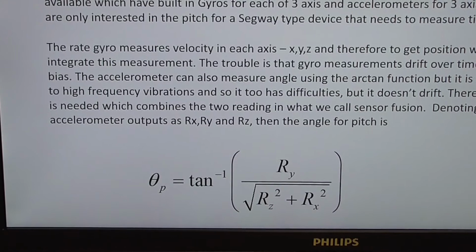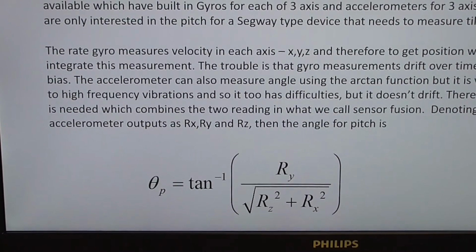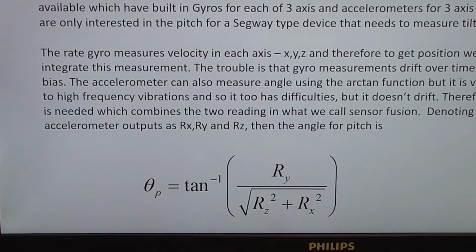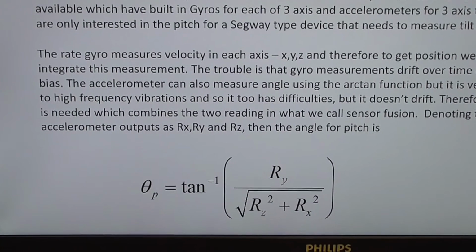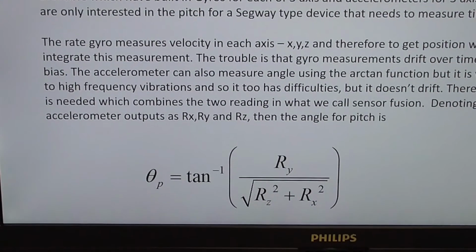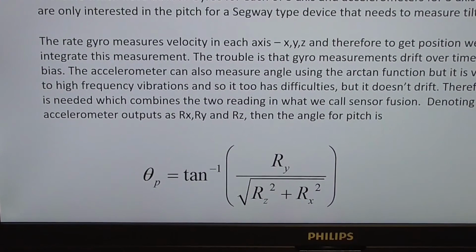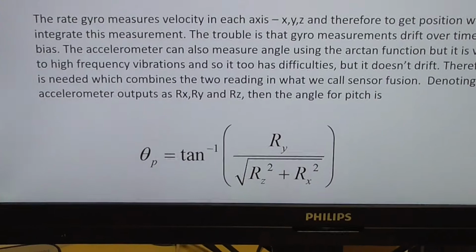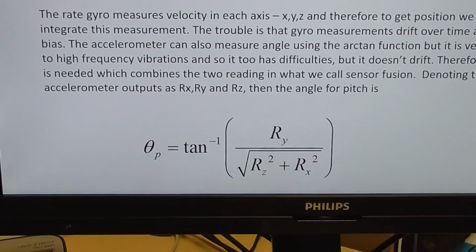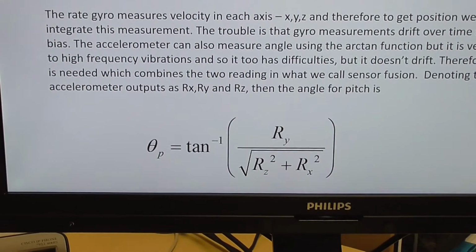So you get a constant offset, let's say, and then when you integrate that offset, it becomes big and the output drifts. So there's a problem there, that the low frequencies are not good in the gyro, and the high frequencies aren't good in the accelerometer.